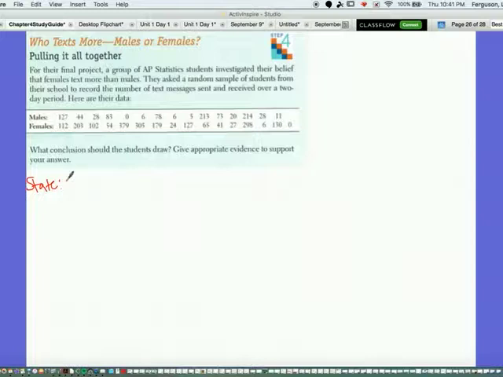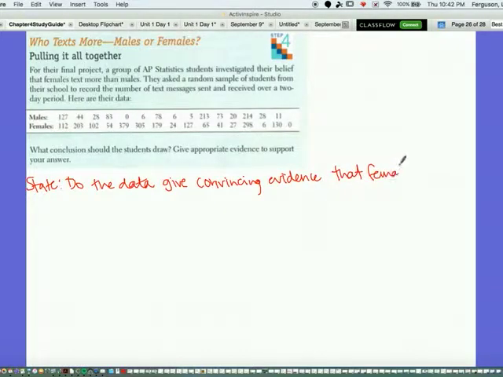So our question is, do the data give convincing evidence that females text more than males?